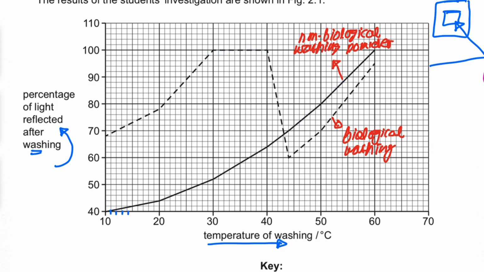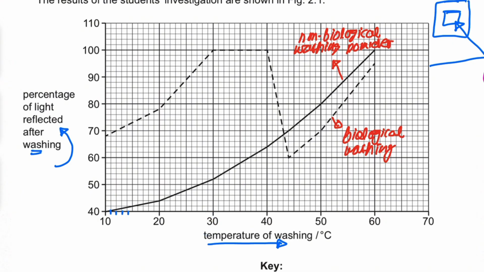But the other idea is that at temperatures from 10 to 40 degrees centigrade, the activity of the biological washing powder is great and the activity of the non-biological washing powder is less. The biological washing powder is successful at removing all of the stains because percentage activity is 100%. So this means biological washing powders attain their maximum stain removing ability at a lower temperature.